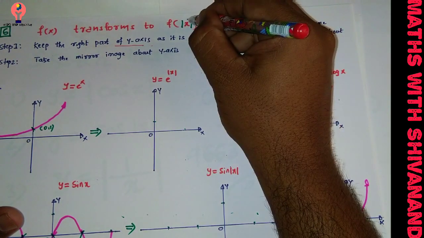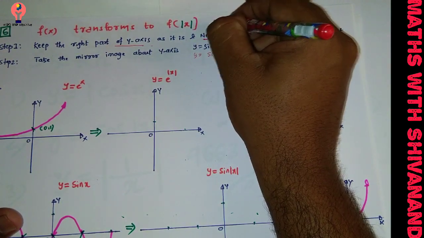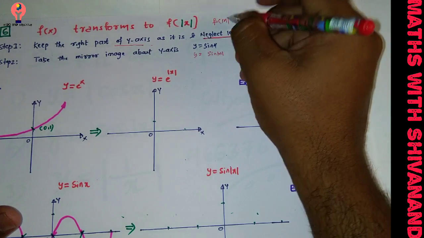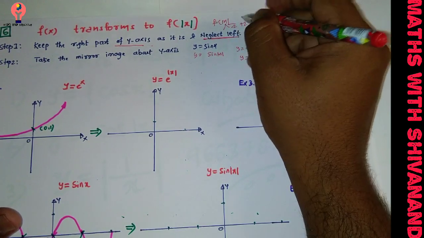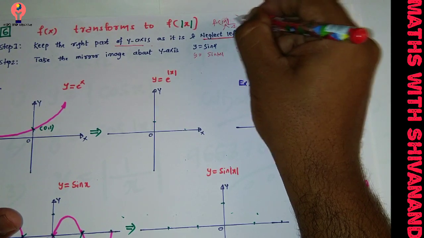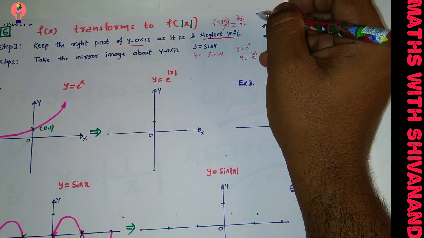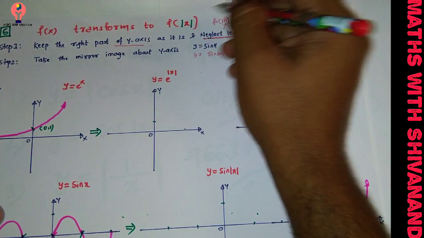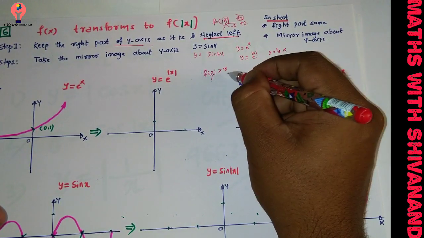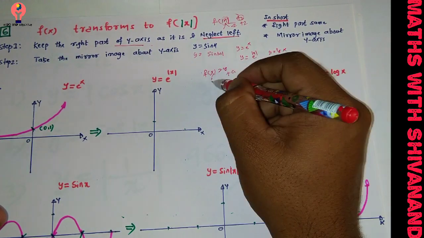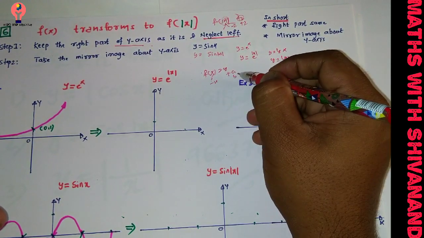See here, f of mod x: in this case I apply either -2 or +2, so it always converts the value to positive only. Say f of x is y. If I assign a positive value, it gives some value a. If I assign some negative value, it gives b.